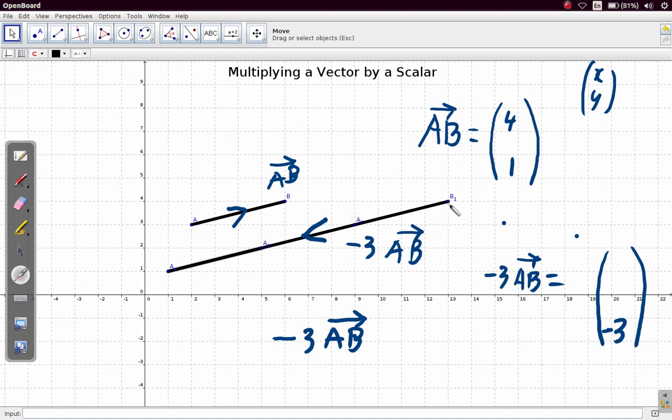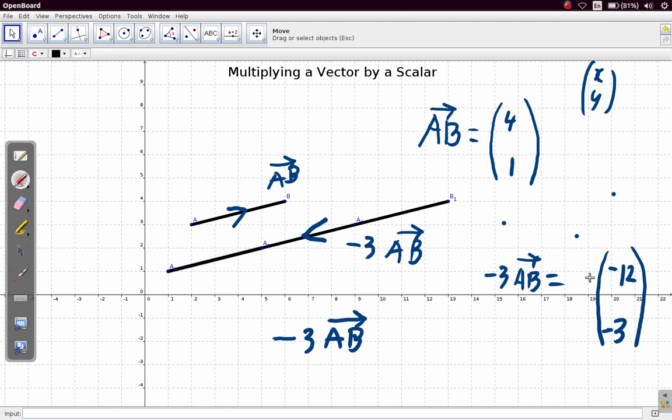Now, as we move from this end to this end here, we have to move to the left, so the number before this will be negative. How many units do we move to the left? 1, 2, 3, 4, 5, 6, 7, 8, 9, 10, 11, 12 to reach the other end of the vector. So it is negative 12.